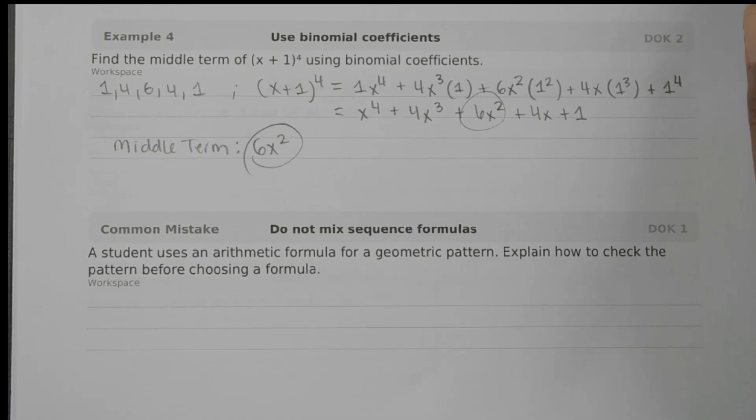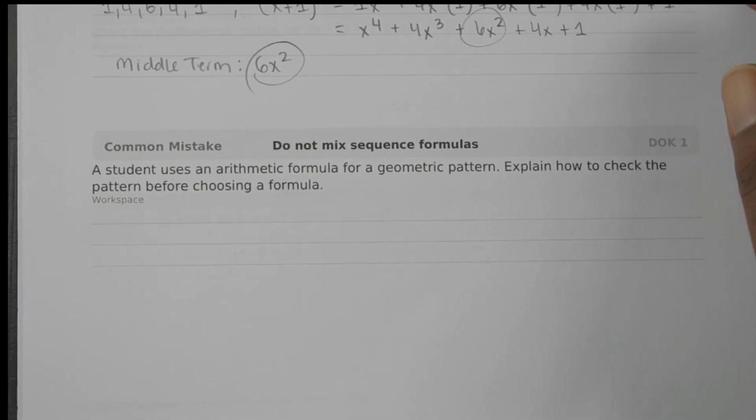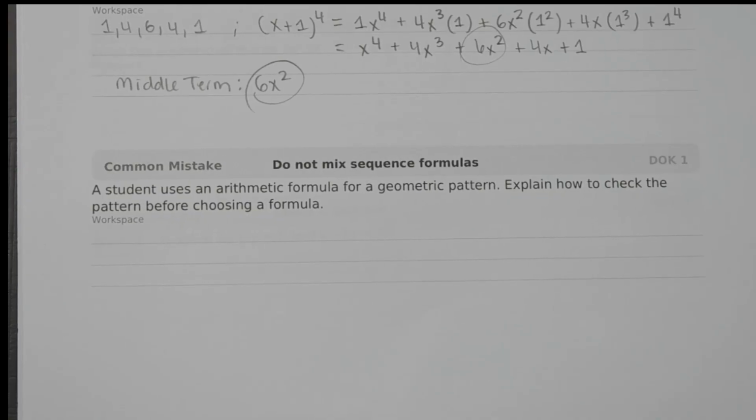Okay. Common mistake. A student uses an arithmetic formula for a geometric pattern. Explain how to check the pattern before choosing a formula. Before choosing a formula, we need to test the sequence, which is to first calculate consecutive differences.